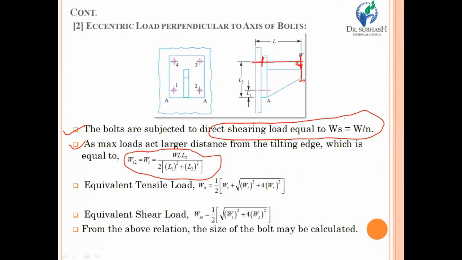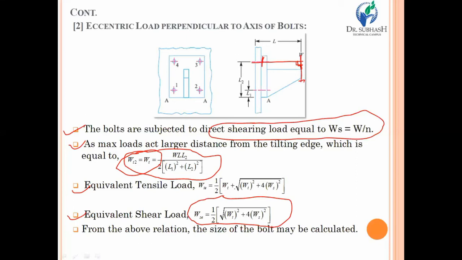Once you have calculated the shearing load on each bolt and the most heavily loaded bolt, you have to go for the equivalent tensile load, and that is WTE equal to 1 half bracket WT plus under root WT square plus 4 into WS square. If you are using the relation for equivalent shear load, then WSE is equal to 1 half bracket WT square plus 4 into WS square.